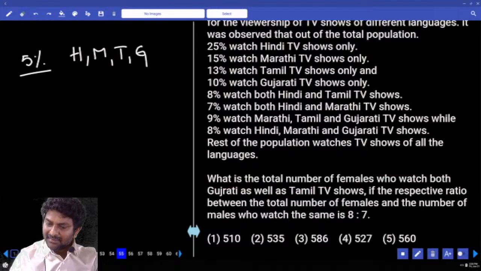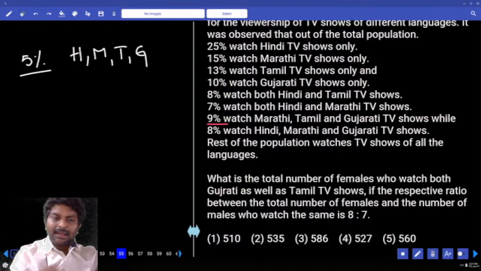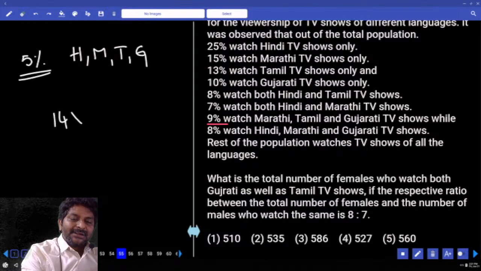Total number of female who watch Gujarati TV shows as well as Tamil. Gujarati and Tamil. Where do we have that? 9 we have. And then 5. 9 plus 5. 14 percentage in the sense.